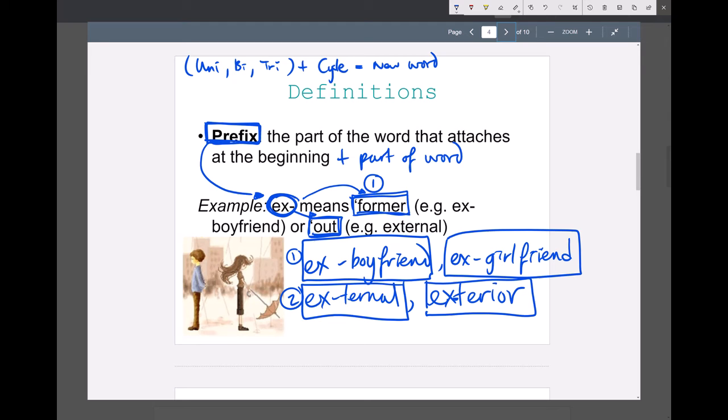So for example, the opposite of out is in. So in is another prefix. I can go internal and interior. Here we're talking about the outside of things, and here we're talking about the inside of things. So by changing the prefix, the part of a word that attaches at the beginning of a word, you can make a new word with different meanings.